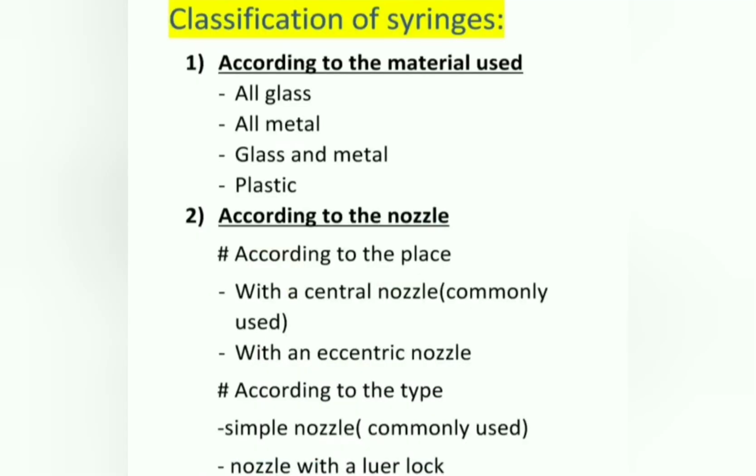First is according to the material used, in which all glass, all metal, glass and metal and plastic. Then according to the nozzle, in which according to the place, with a central nozzle which is commonly used and with an eccentric nozzle. Then according to the type, there are simple nozzle and nozzle with a lever lock.